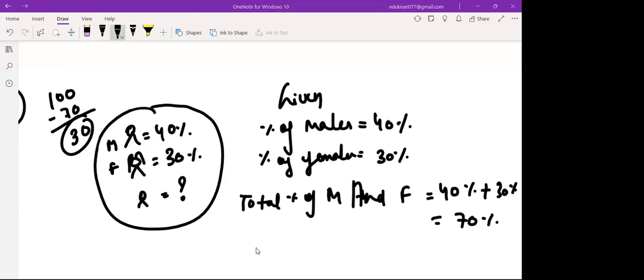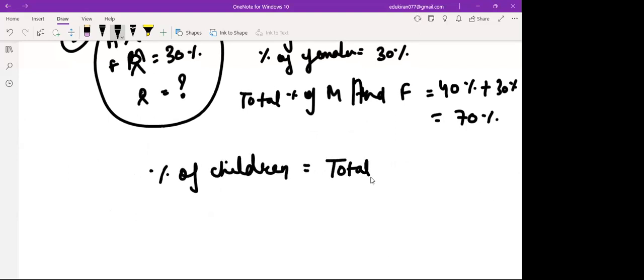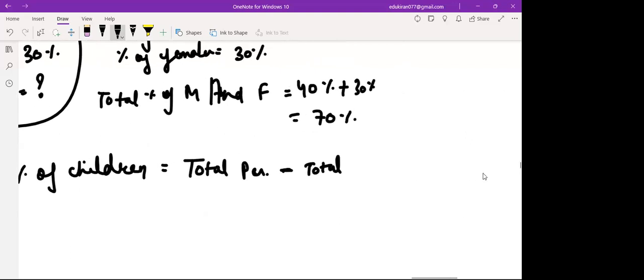Now what do you have to find? You have to find percentage of children, right? So percentage of children would be total percentage, minus total percentage of male and female. So total percent was 100%, right?